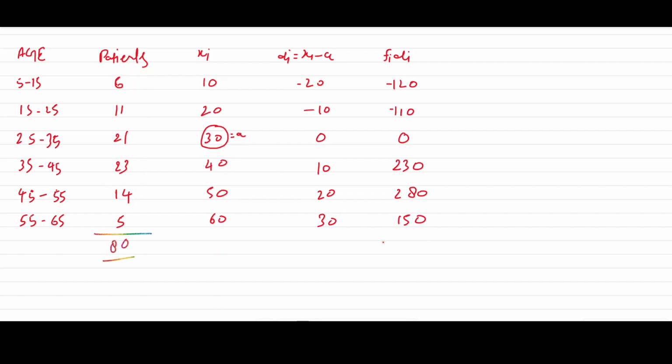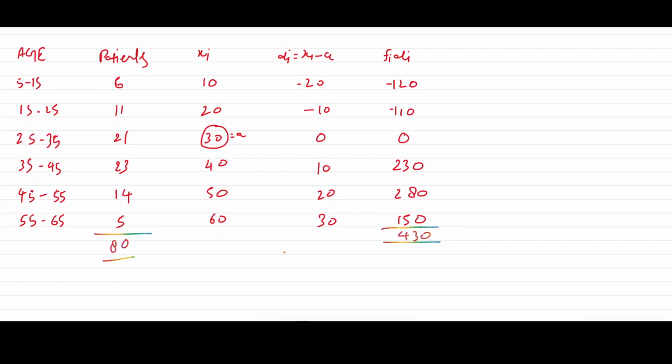Now the sum of fidi: first we subtract 150 and 120, then we get 30, and if we subtract 30 then we get minus 80, and this 200, and here 230 and 200, that will be 430.